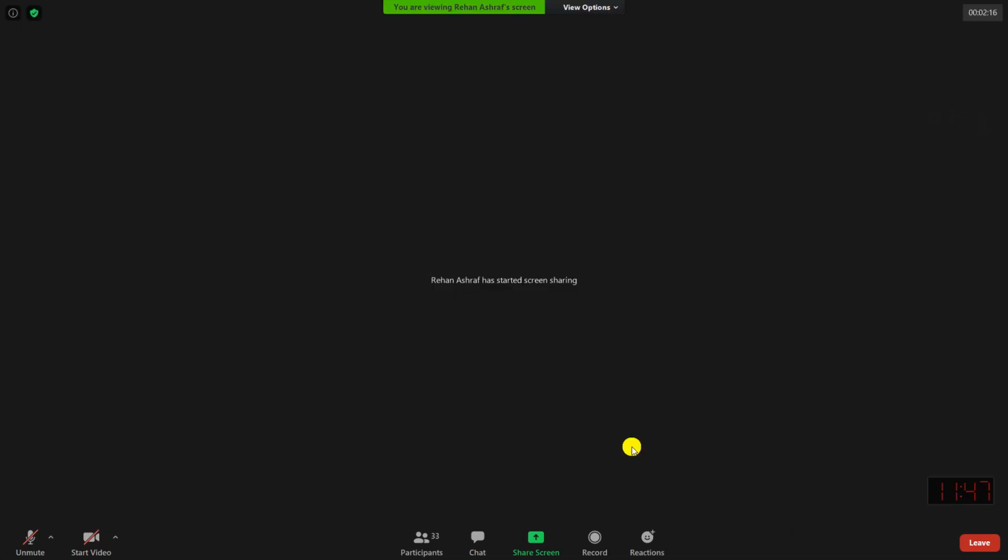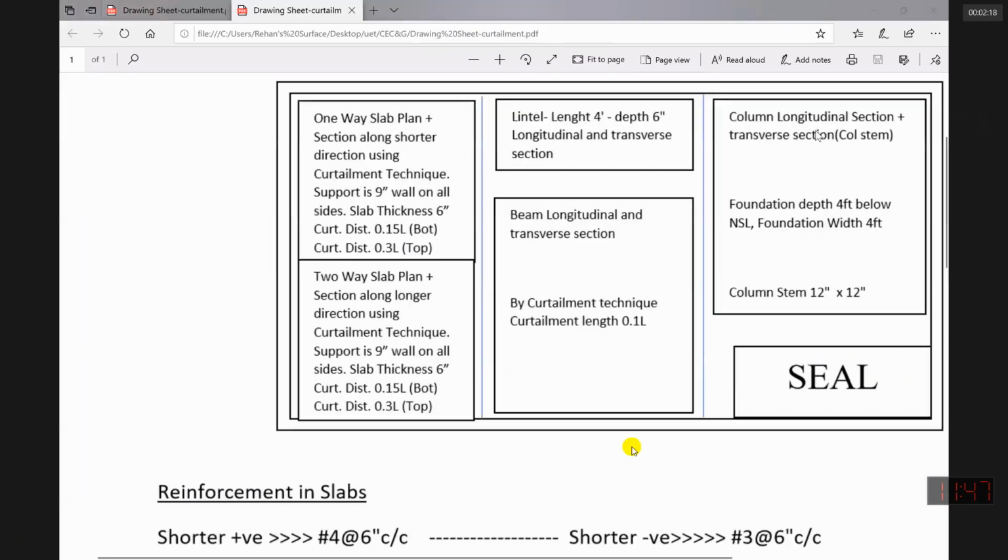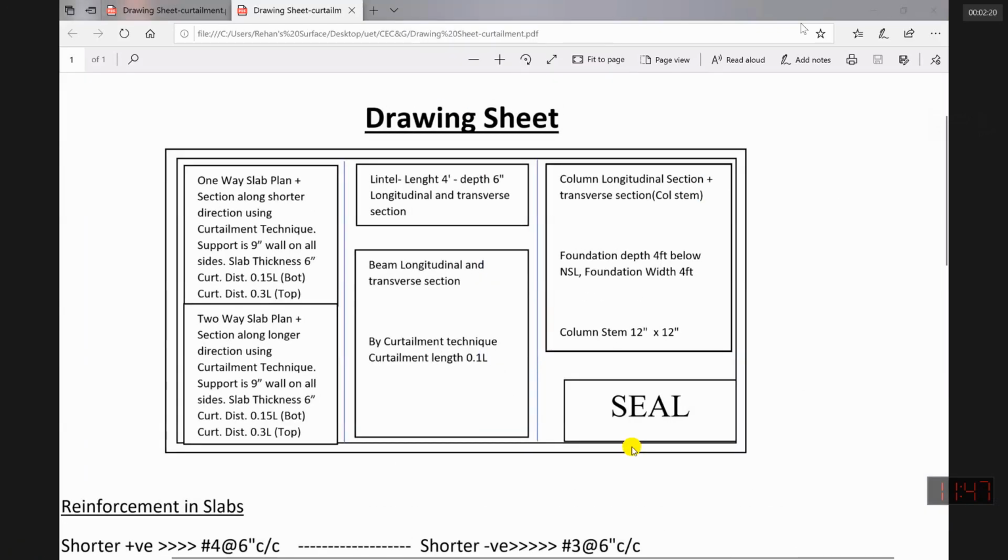With my computer. Welcome back. Can you see the screen?